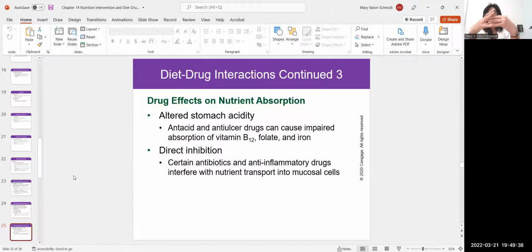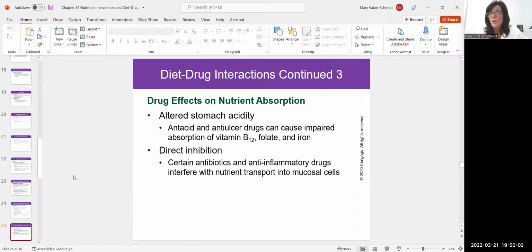Except for extended release or enteric-coated pills, because they don't break down in the stomach, they break down in the small intestine. But there are lots of things to take into consideration that all have to do with absorption and how your body handles these two different things together. And there's always some type of interaction that has to be taken into consideration.